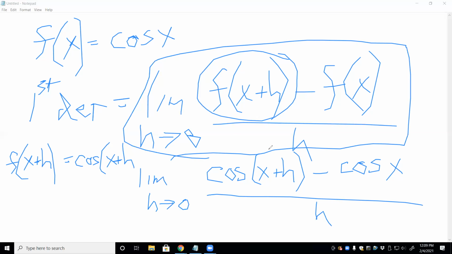It's not the easiest algebra, but remember the sum and difference formula? We're doing cosine. So cosine of A times cosine of B plus or minus sine of A and sine of B.